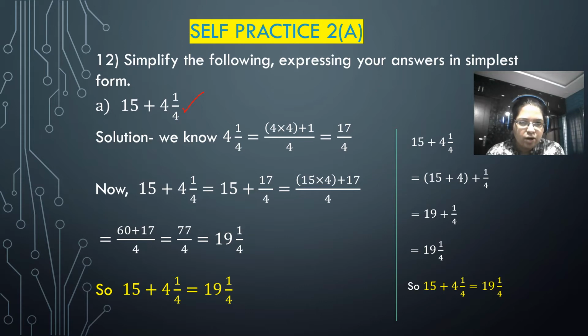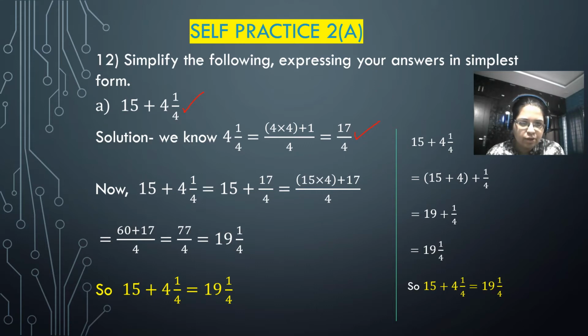For 4 and 1 by 4, multiply the denominator with the whole number, add the numerator, and divide by the denominator. Multiply denominator 4 with whole 4: 4 times 4 is 16. 16 plus numerator 1 is 17. 17 divided by denominator 4. So 4 and 1 by 4 equals 17 by 4.